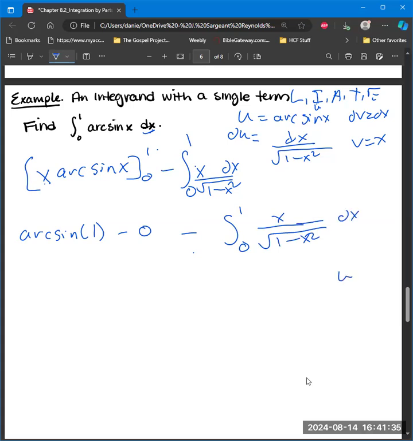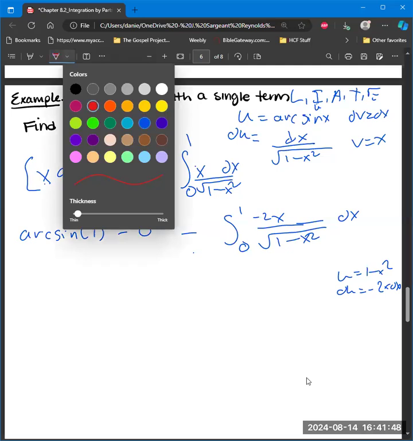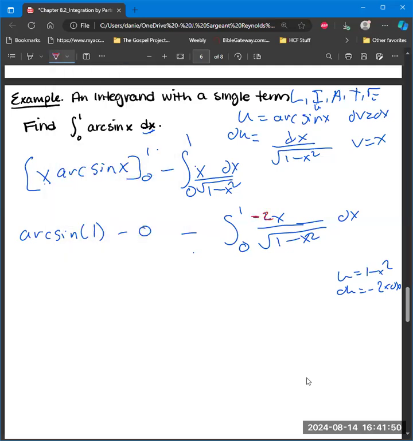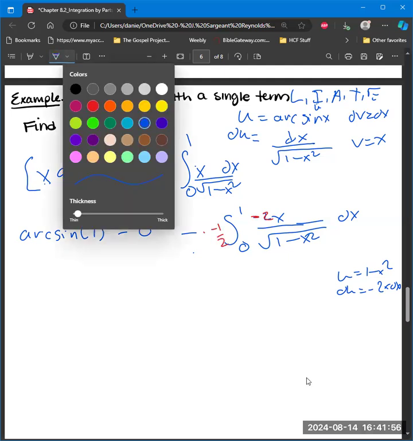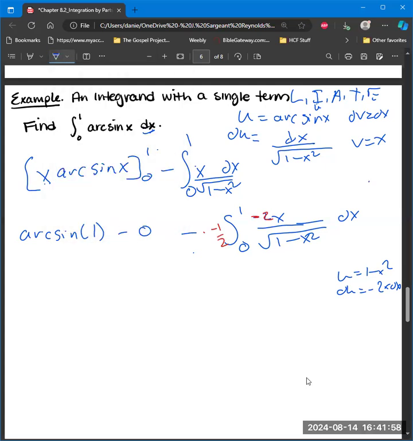U here is going to be 1 minus x squared. Du is going to be a negative 2x dx. So negative 2 then times a negative 1/2 out here is going to give me, so sine of what gives me 1? That's going to be sine of pi over 2.